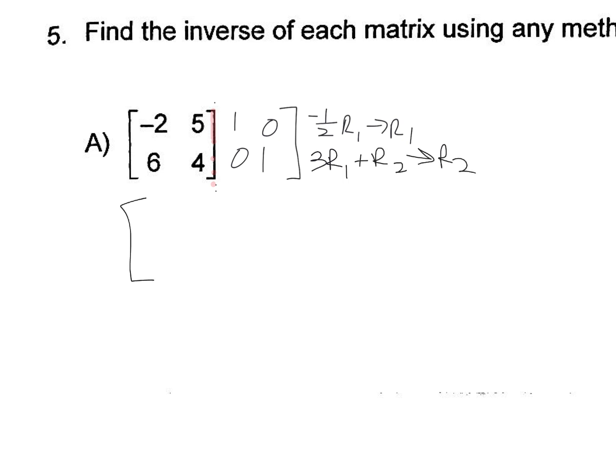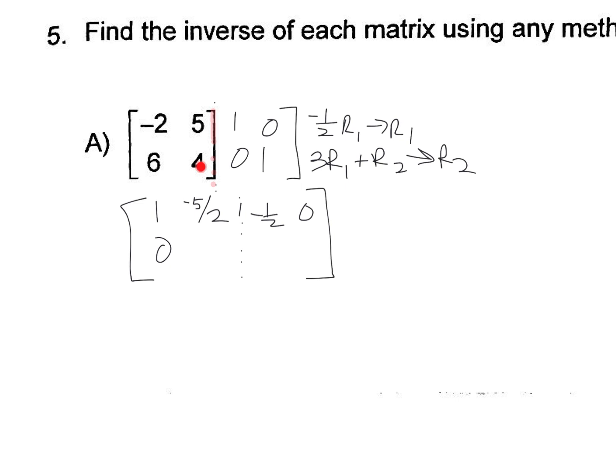So if I multiply the top by negative 1/2, I get 1. I get negative 5 over 2. I get, here's our dotted line, negative 1/2, and then 0. And multiply this by 3 and add down gives us 0.